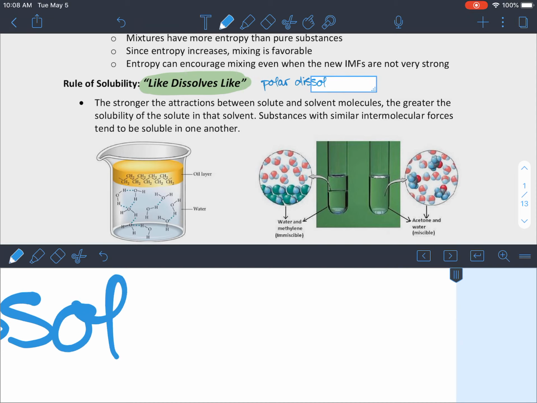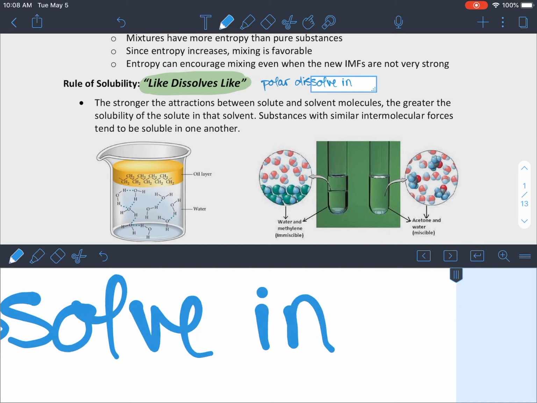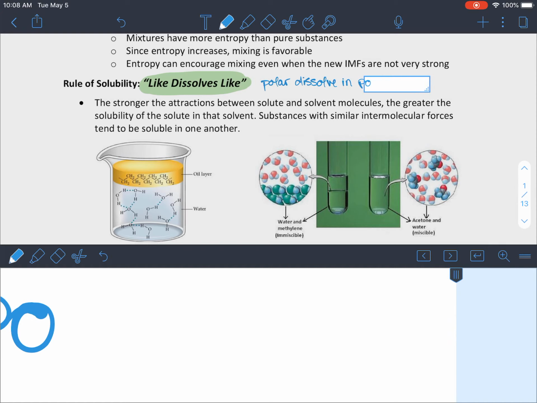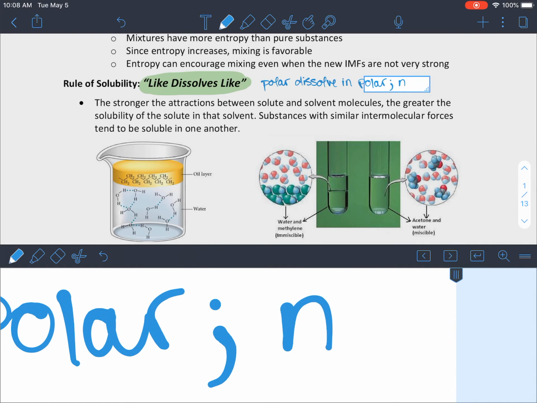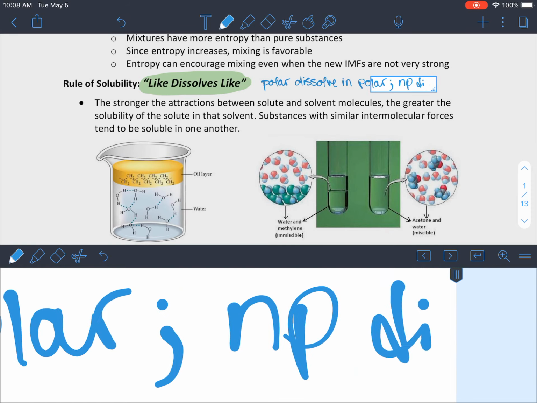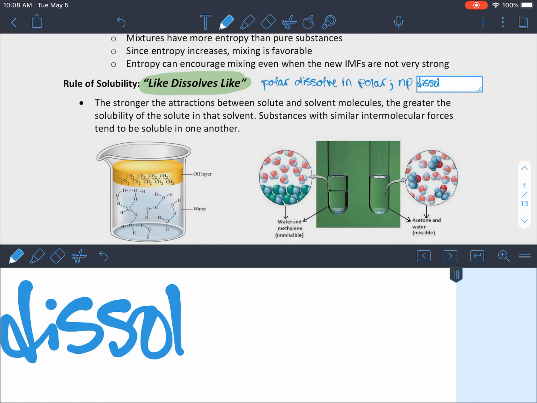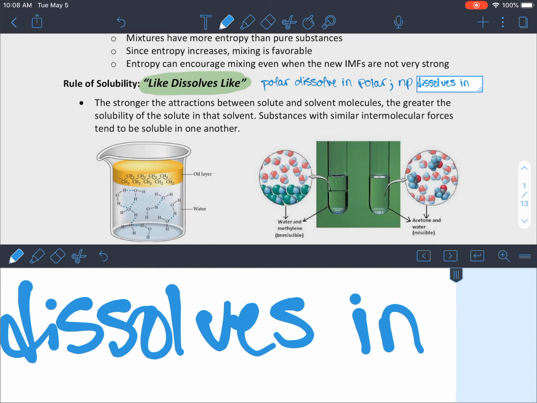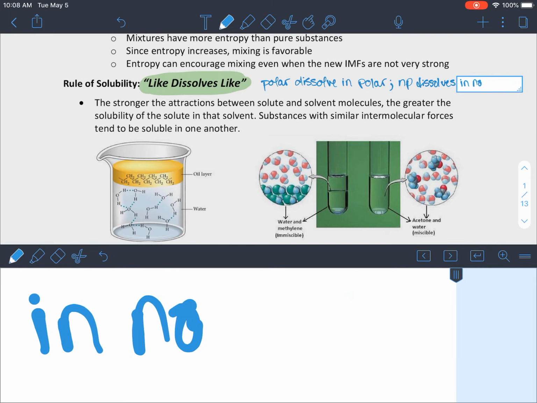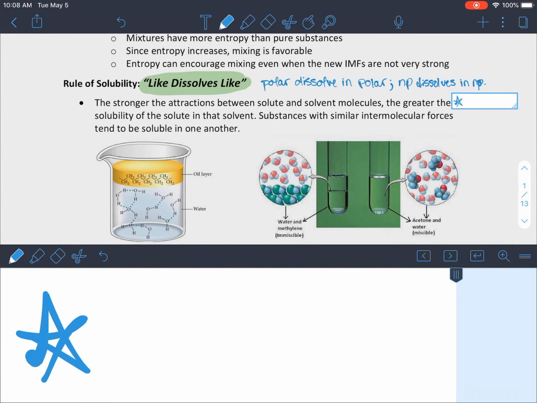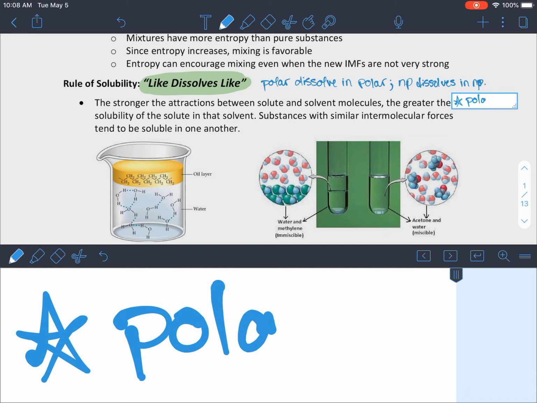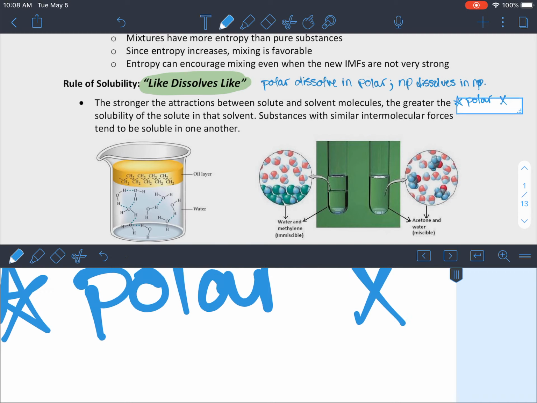And you guys can be writing this down with me. And nonpolar dissolves in nonpolar. But polar does not dissolve in nonpolar.